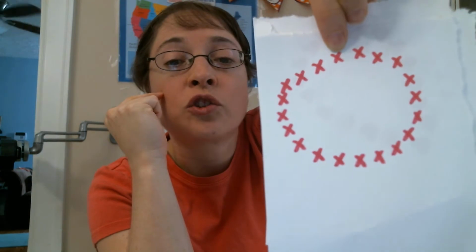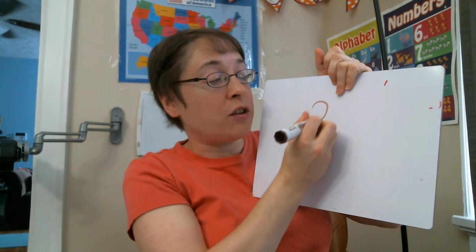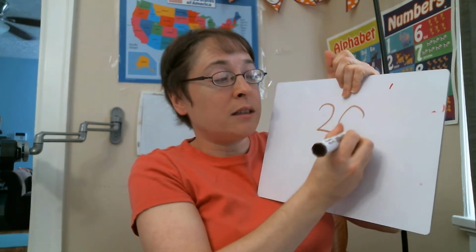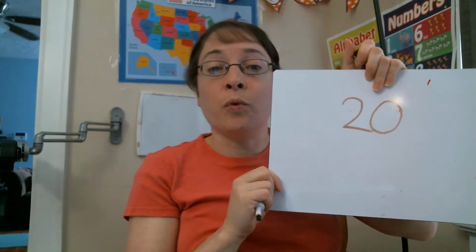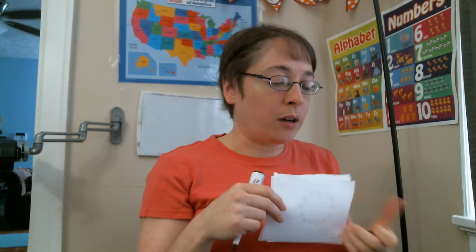So there are 20. Do you remember how to write 20? Remember, it's 2 tens. So we write 2, 0, 20. Very good. Okay, let's try another one.